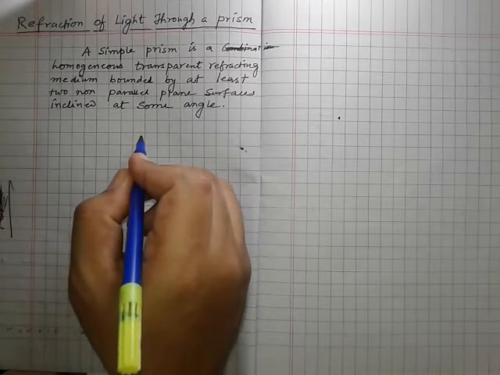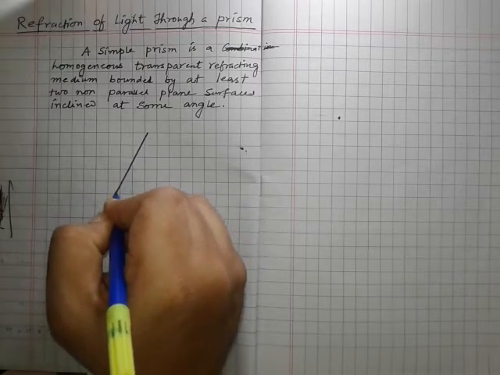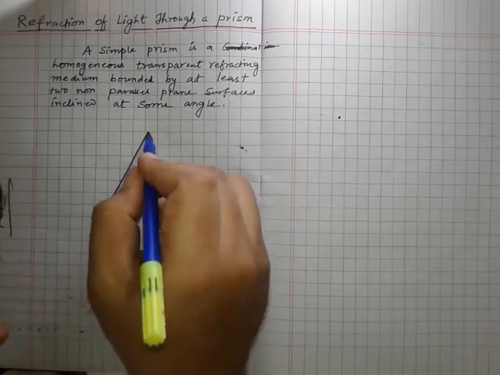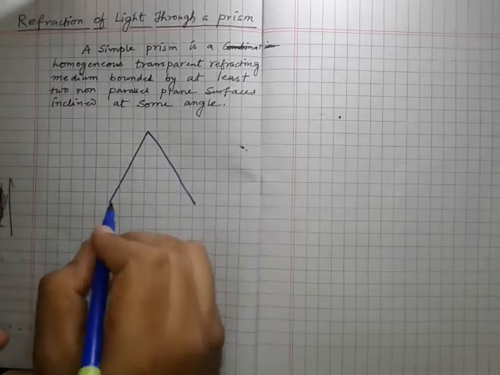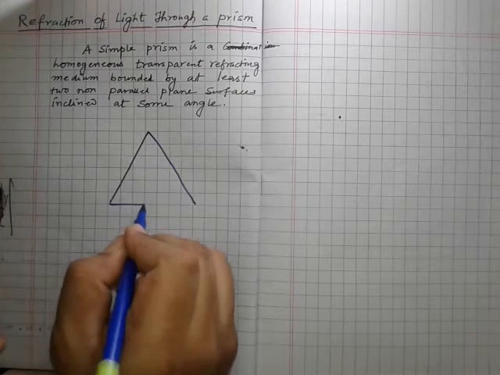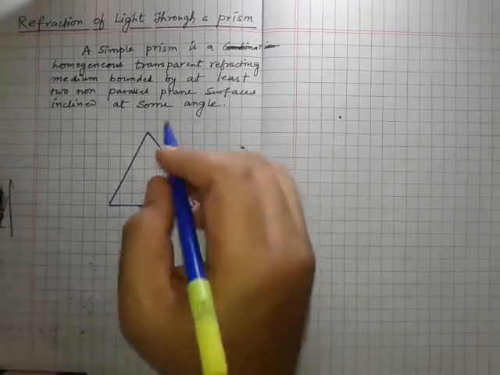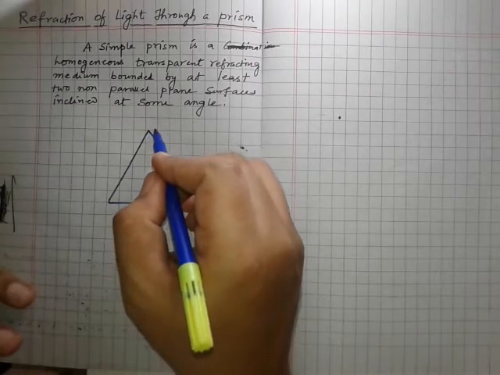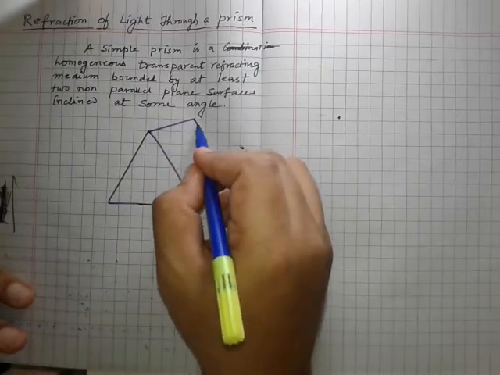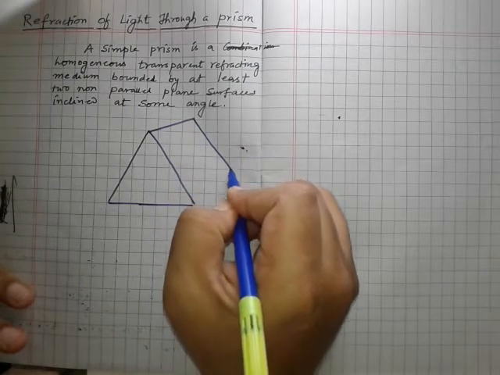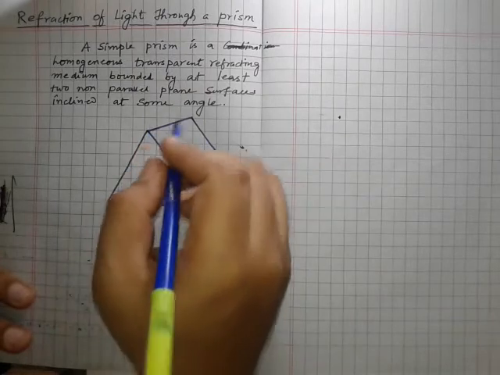So what I told you, there are two surfaces, no? First you have to draw this. Then you have to draw two surfaces here in this way, like this.